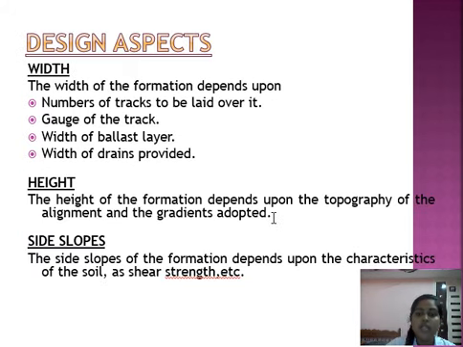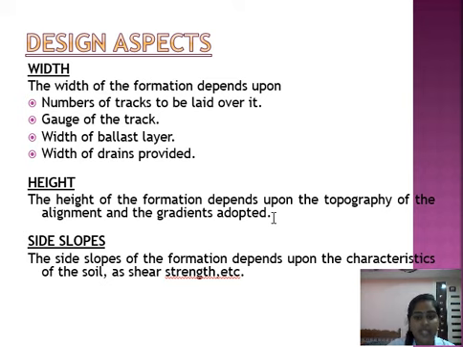Then what are the design aspects of this formation? The width of the formation depends upon the number of tracks. However many tracks we are laying in that area, the width of the formation depends on that number of tracks. Then the gauge of the track. Gauge means the distance between the rails. Then the width of the ballast layer, how much width you are providing for the ballast layer.